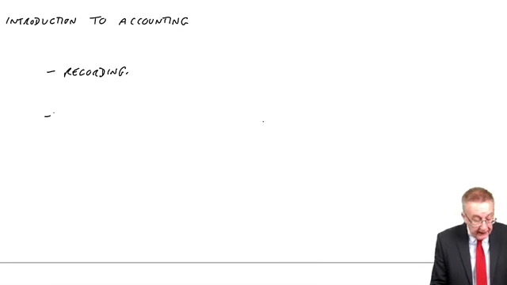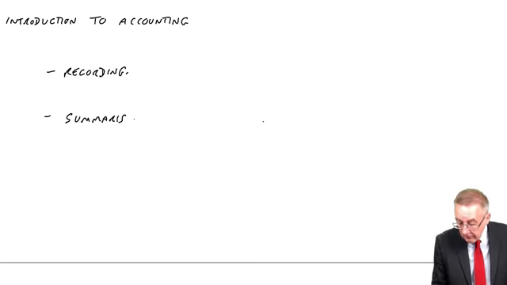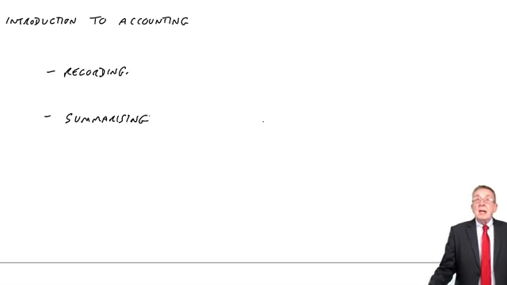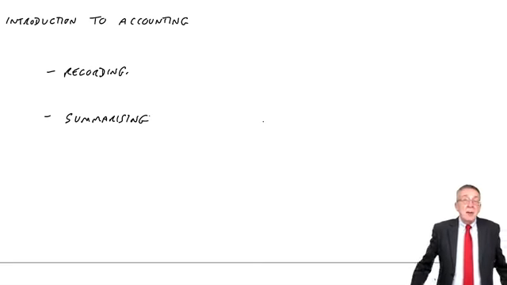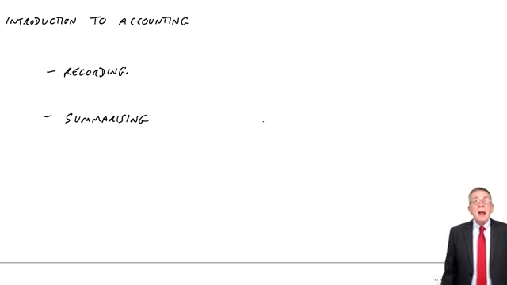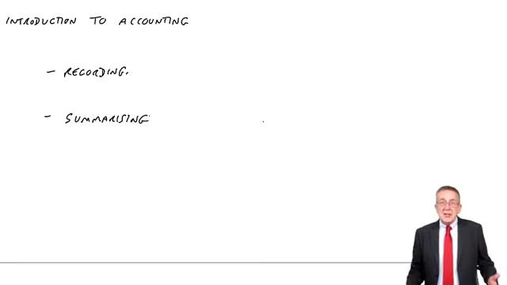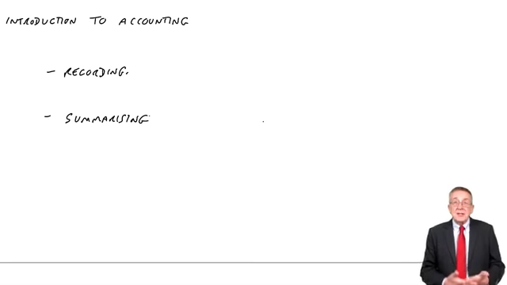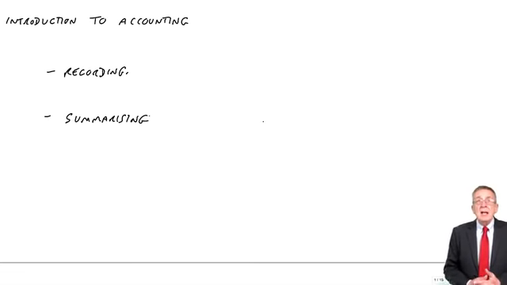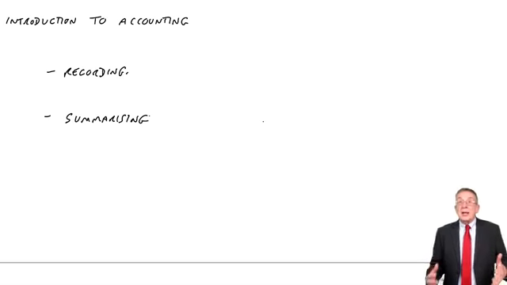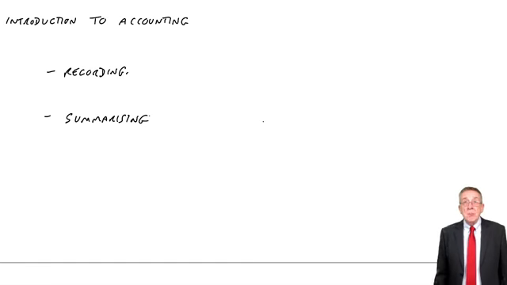But the second thing is summarising. At the end of the accounting period, the end of the year, we're required to produce various statements. For instance, a statement of profit or loss, where we're showing how much profit the business has made.